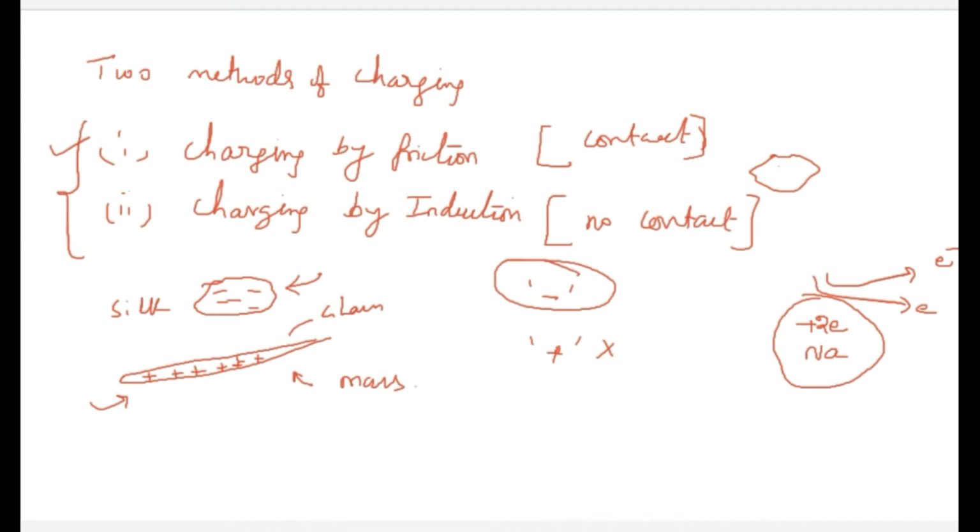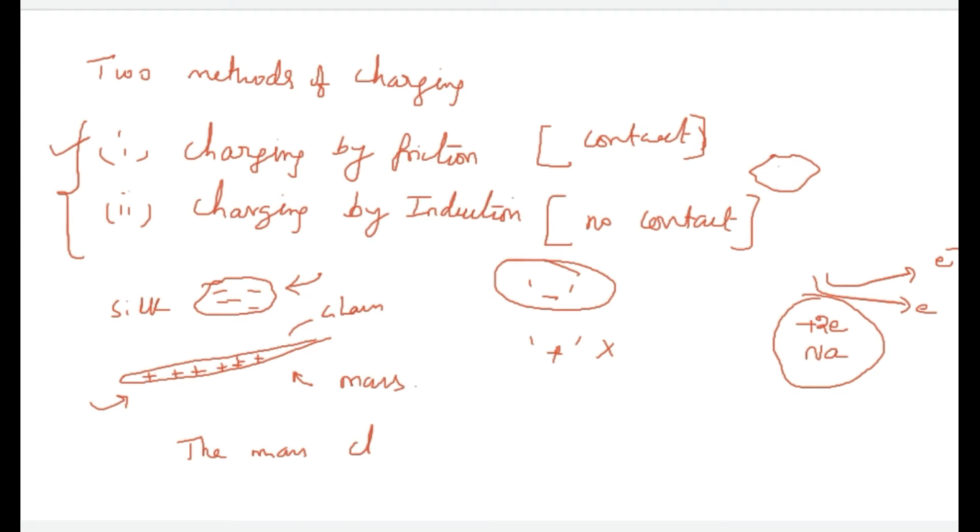Actually, it will be somewhat same as the electron mass is negligible. But we should not neglect the mass, because even though it is minute, it's having a difference. So the mass will change during the transfer of charge. That is the point I want to stress.